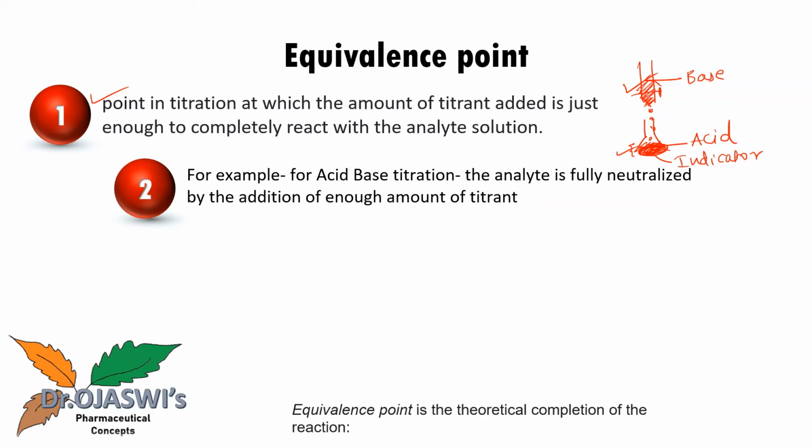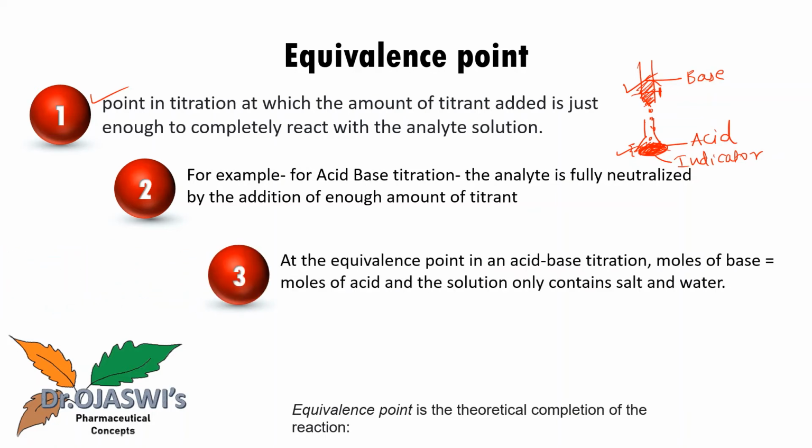Okay, at the equivalence point in an acid-base titration, the number of moles of base becomes equal to the number of moles of acid, and the solution only contains salt and water.